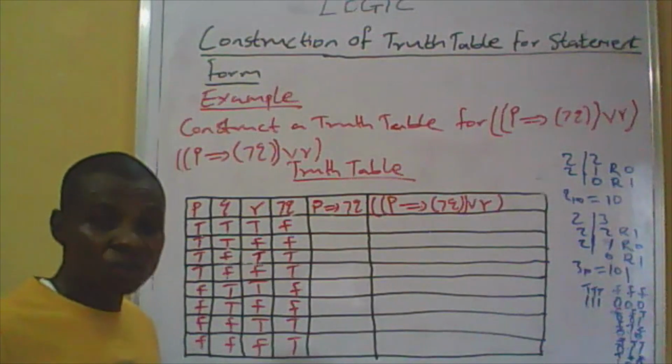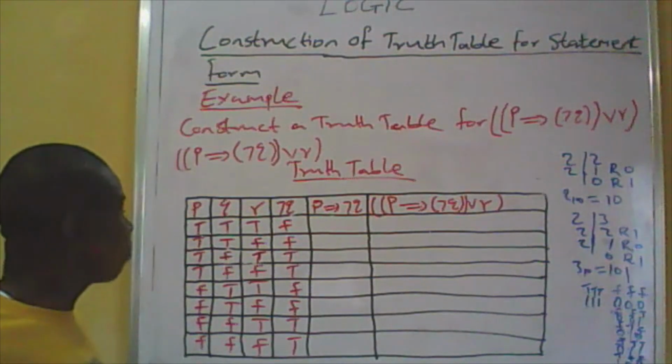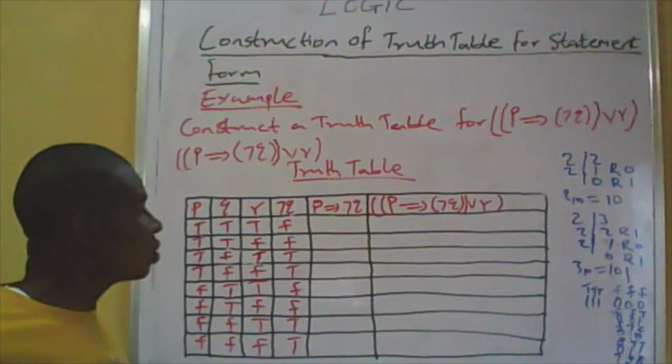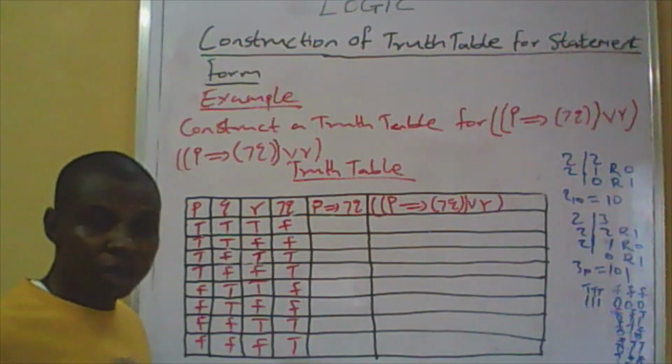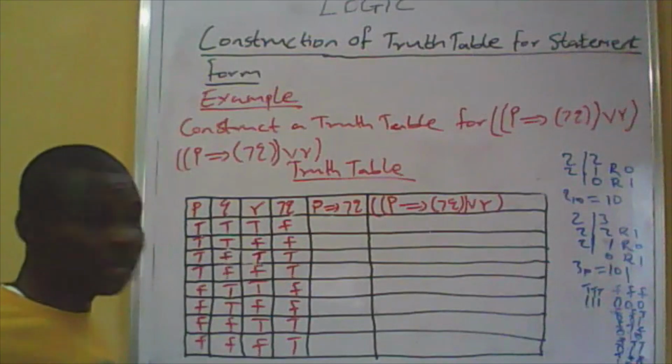Otherwise, they are true. So we look where P is T and where not Q is F. There we are going to validate it to be F.